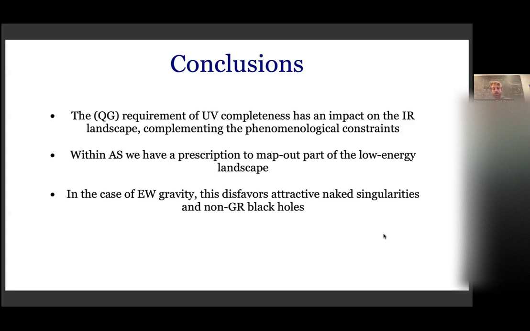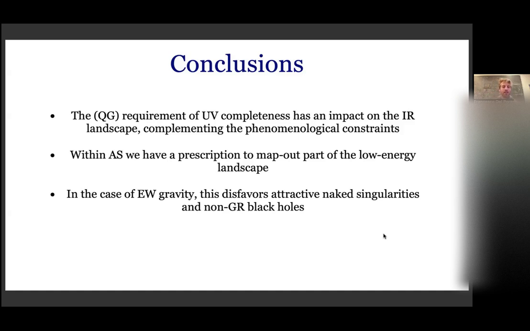In particular, this fits within the asymptotic safety assumption, because within asymptotic safety we have a prescription, which has its own arbitrariness, but at least we have a prescription to apply this formalism and to map out part of the low energy landscape, which in this case, for Einstein-Weyl gravity, favors attractive naked singularities and non-GR black holes.